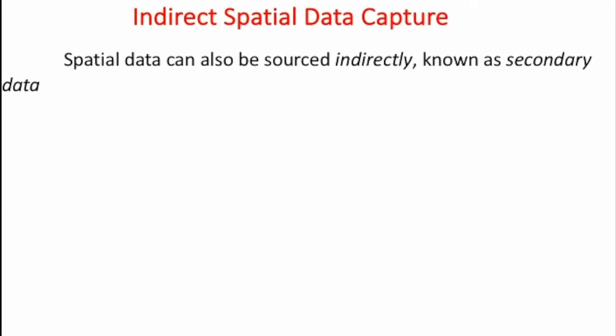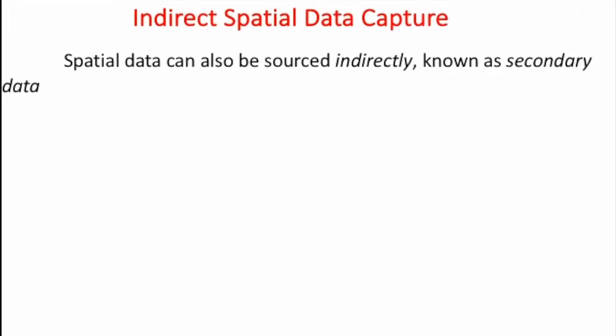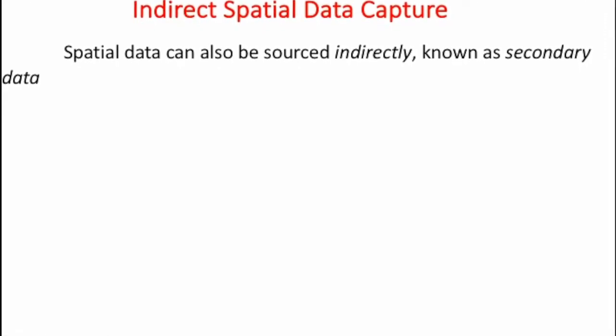Similarly, indirect spatial data capture. Spatial data can be sourced indirectly, known as secondary data. A vast amount of existing data can be found, which could be in digital or analog format. Digital can be existing satellite images, databases or GPS data, and analog could be a report, map or image.